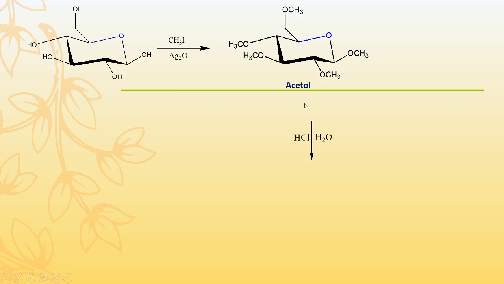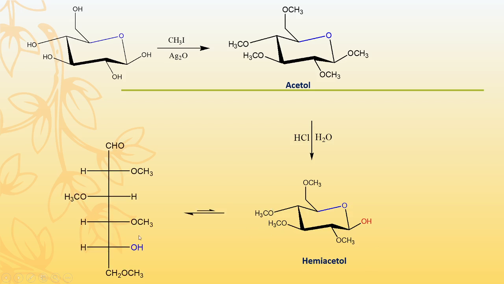In the next step there is a hydrolysis. After the hydrolysis, the OCH3 of the anomeric carbon is converted into an OH group, and this structure is called the hemiacetal. Why is it called a hemiacetal? Because the anomeric carbon is attached to one OH group and one OR group. This is present in equilibrium, so it converts into the open chain form and the open chain converts back into the ring form.